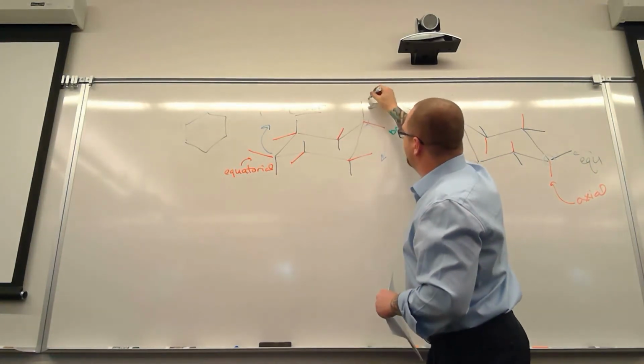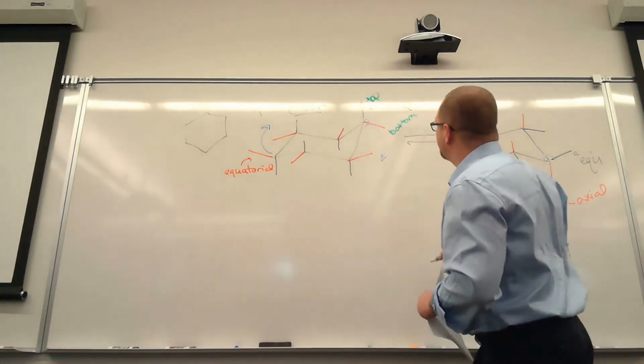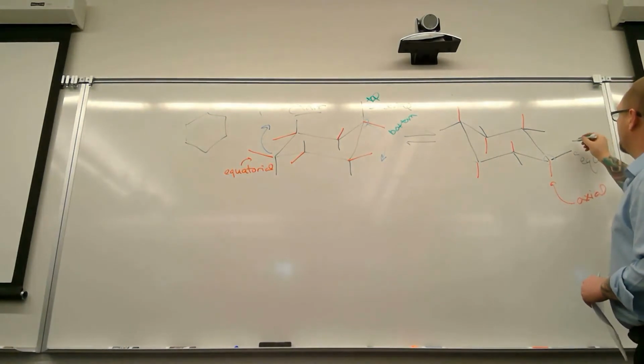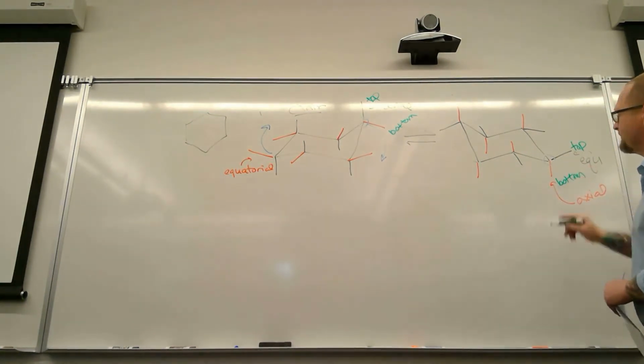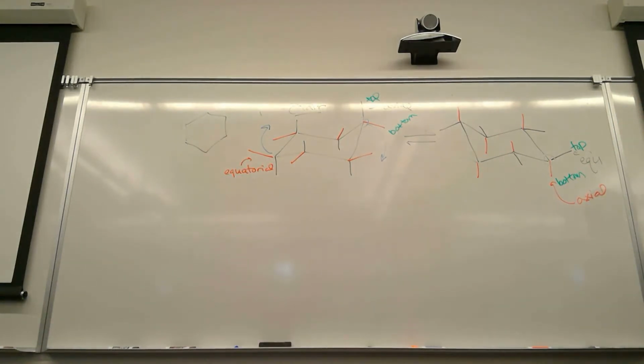And this bond in the axial position is on the top. This one is still on the top, and this is still on the bottom. Their relative orientation of top and bottom doesn't change, but their axial versus equatorial relative to the ring does.